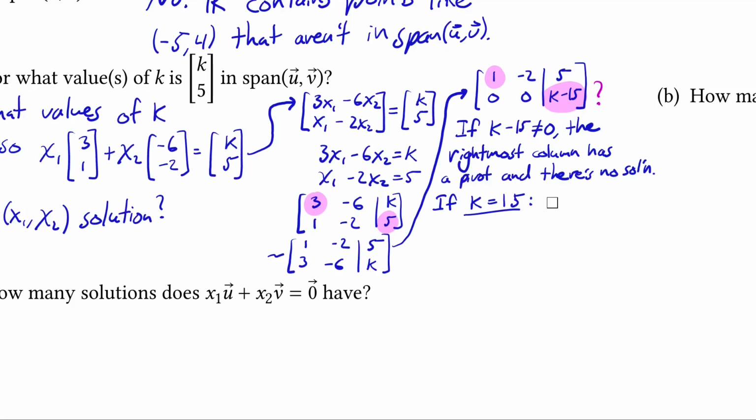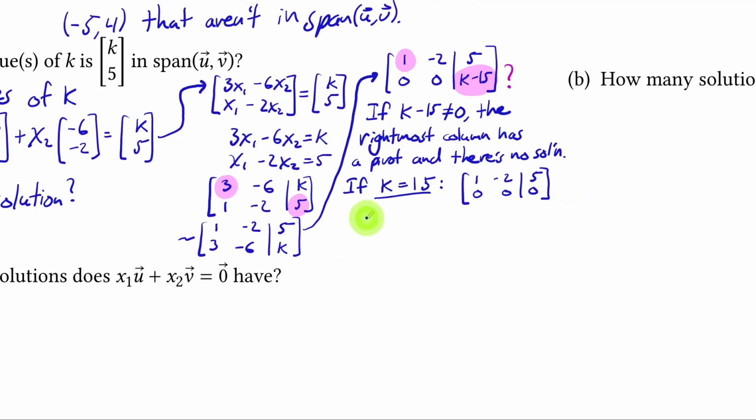So if k equals 15, the system is equivalent to 1, negative 2, 5, 0, 0, 0 here. And that equation we can write as x1 minus 2x2 equals 5. And this is going to have an infinite number of solutions.